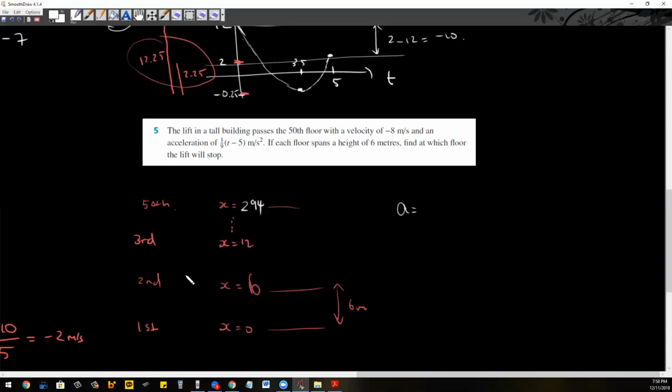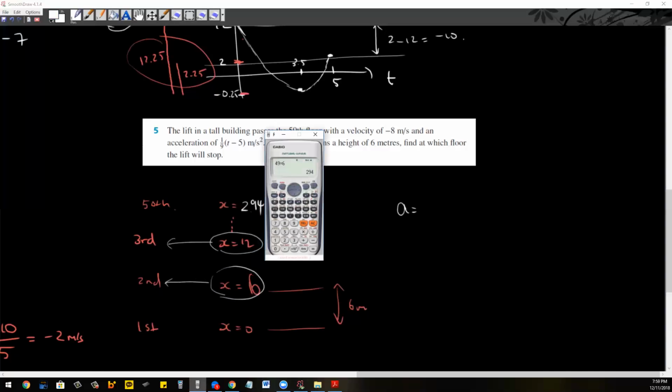Yeah. So what it means is this: if I divide this one by 6 and then plus 1 to it, that gives me the floor. If I divide this one by 2 and then plus 1 to it, then I get 3. True? So if I do 294 divided by 6 and then plus 1, I get the 50th, because it starts from 0.